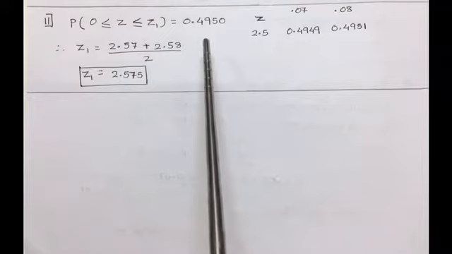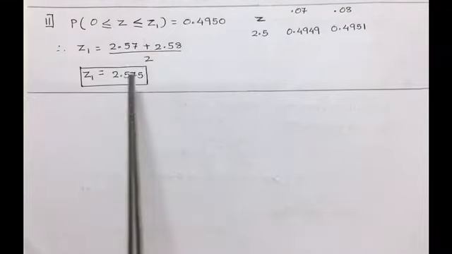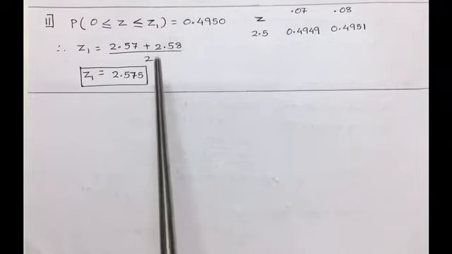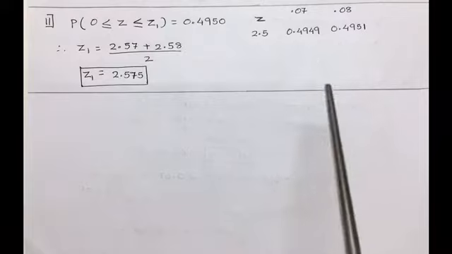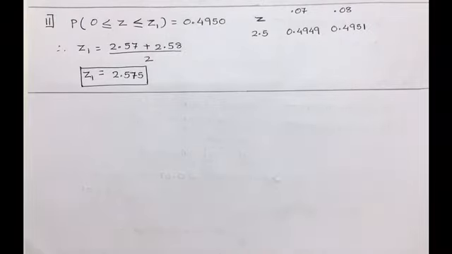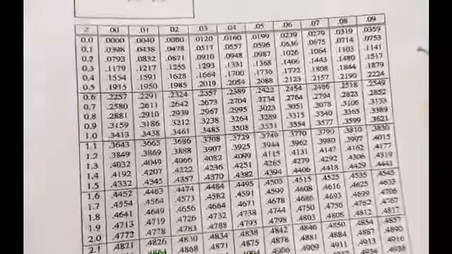Find the possible values of the z score. So we need to calculate the value of z1. Now taking up the table on page number 212 of the textbook, the table is given in this form.